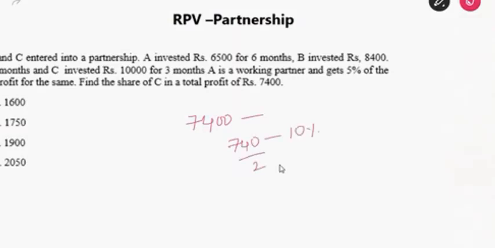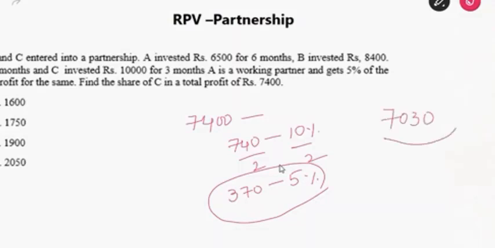Half of it will give you the 5% value, which is 370. As a working partner, A gets 370 rupees. Now you have to remove this 370 from 7,400. So the remaining value will be 7,030 rupees, right?